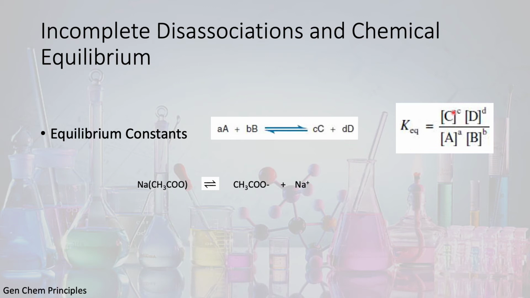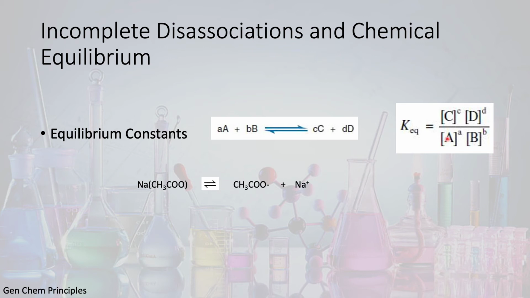We can write this as the concentration of our products in moles per liter, so C and D here. We raise our products to the coefficients in their balanced chemical reactions. So in this case, C is raised to the power of c and D is raised to the power of d. This is basically the concentration of the products multiplied by each other, divided by the concentration of our reactants multiplied by each other.